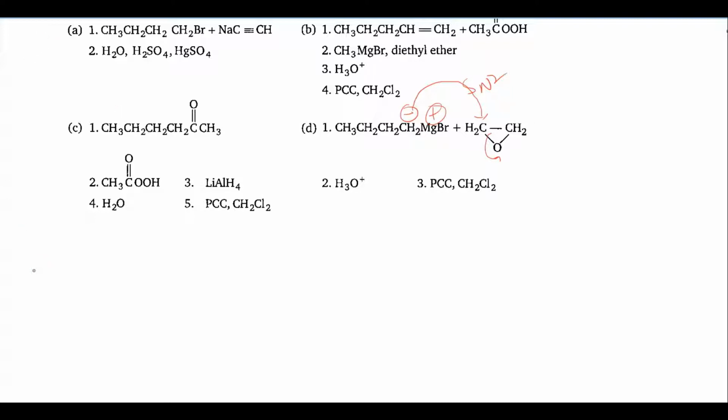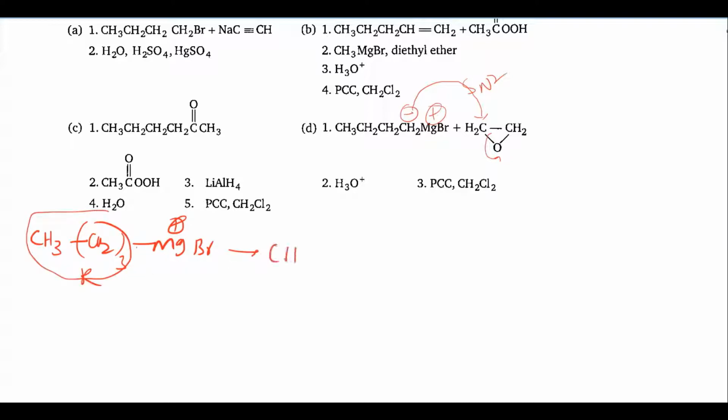Here I will write CH3 CH2, thrice one, MgBr. So this is Mg plus, and this whole thing is the R group, or else you can write it in detail: CH3 CH2 CH2 CH2, CH2 1 2 3, MgBr.